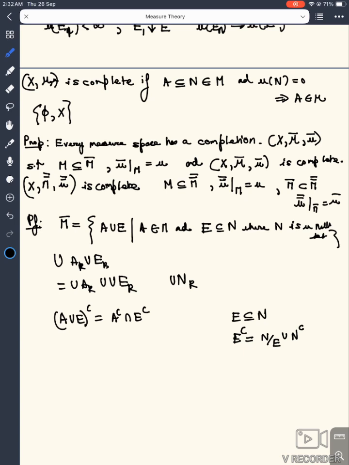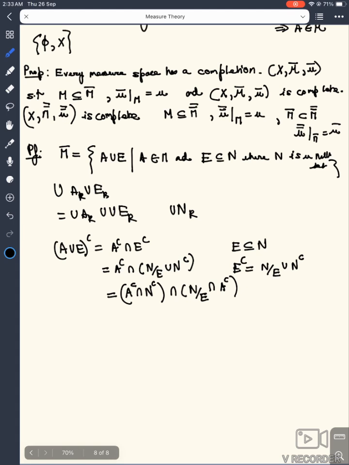So from there it follows that this is A complement intersection the complement of E, which is A complement intersection N complement, union A complement intersection N minus E. The first part is in the sigma algebra, because it is an intersection of two elements in the sigma algebra, and the second part is a subset of N, so it is a subset of a null set.